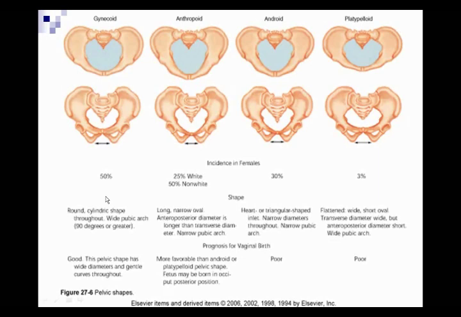And as you can see, this is the most favorable, gynecoid. This is considered more heart-shaped. This one has a poor outcome for a vaginal birth. Same with the platypelloid, which is flattened. It makes it difficult for the head and shoulders to fit through on both of these.